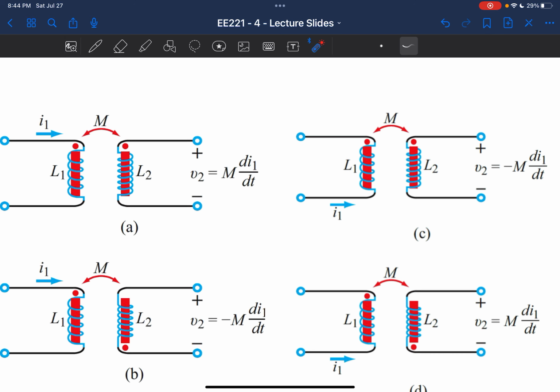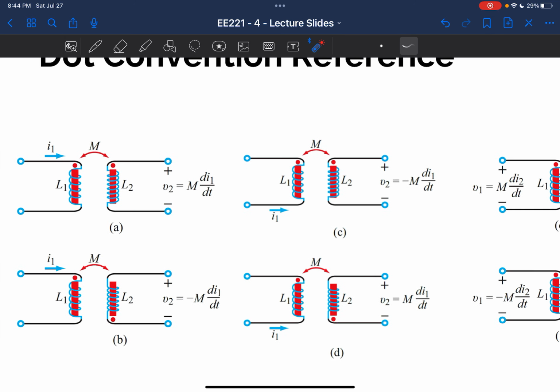And if I flip the direction of that current, so now the current is flowing up through the inductor instead of down, but I keep the dots the same, that flips the polarity of my voltage, right? Then they show down here that if I keep my current the same and push one of my dots from the top to the bottom, which is this case down here, I get negative voltage. And if I both flip one of my dots and flip where my current's flowing, then I get positive.